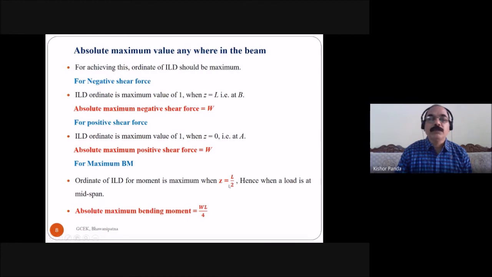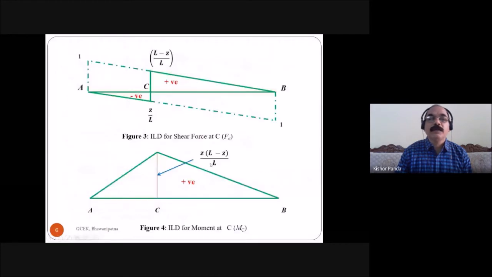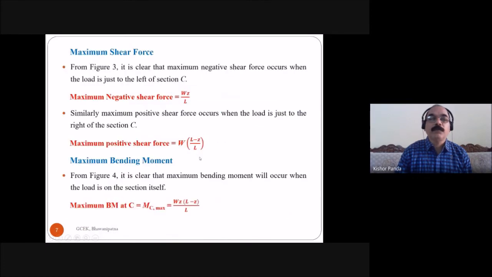When we put Z equal to L by 2 in the maximum bending moment expression, W Z into L minus Z by L, we get L by 2 into L minus L by 2, which is L by 2, giving L square by 4.